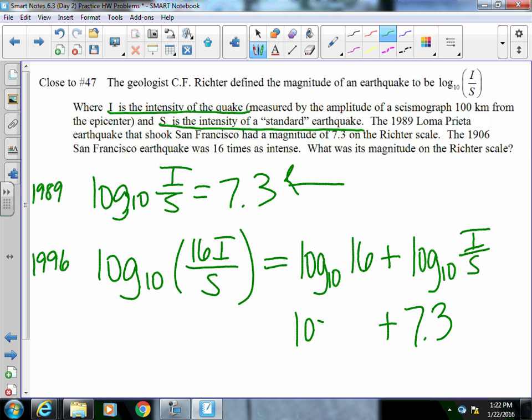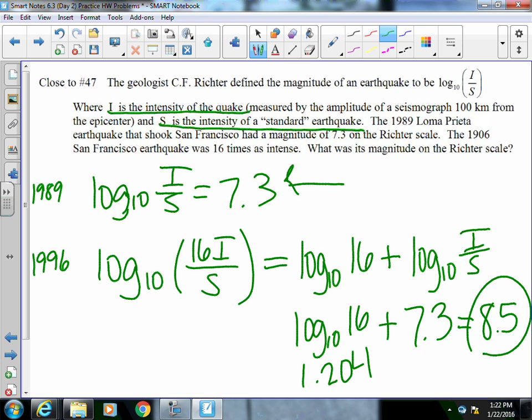And log base 10 of 16, I can figure out in my calculator, is about 1.204. So this is approximately equal to 8.5. Our answer is an 8.5 on the Richter scale.